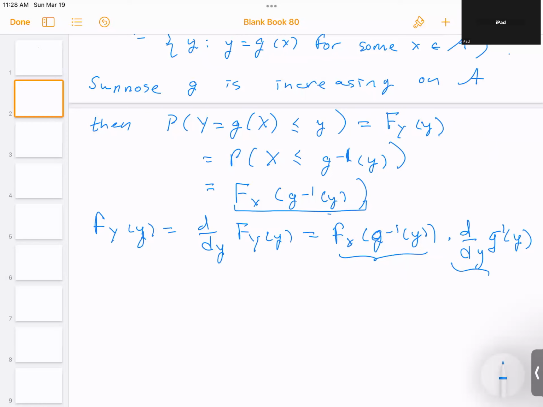And the derivative of this inverse function is greater than 0 because g is increasing.